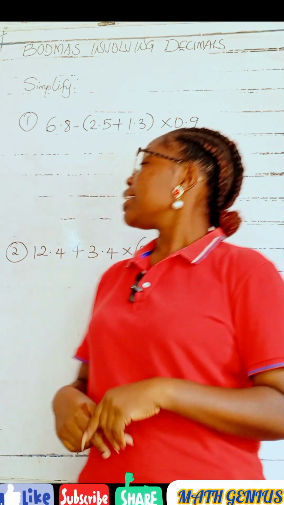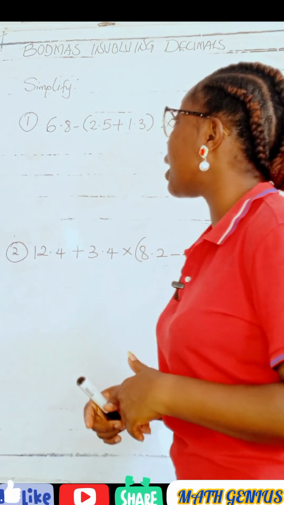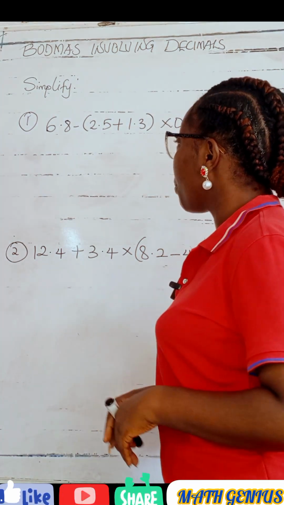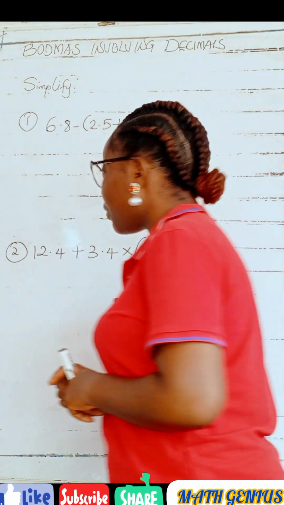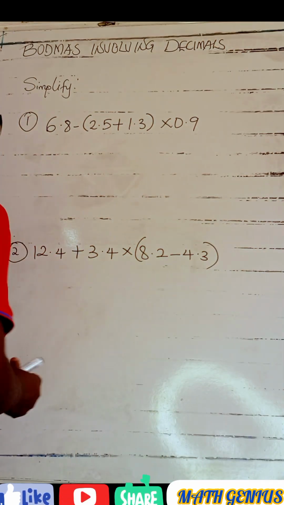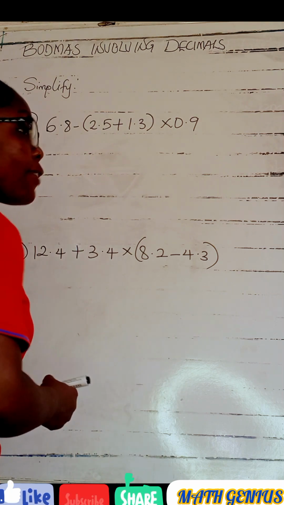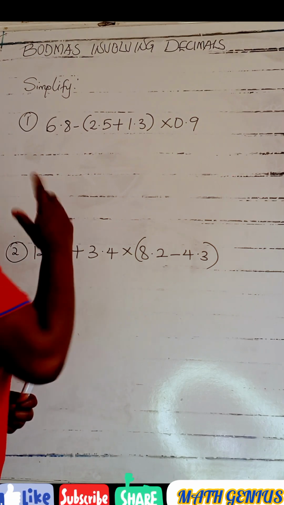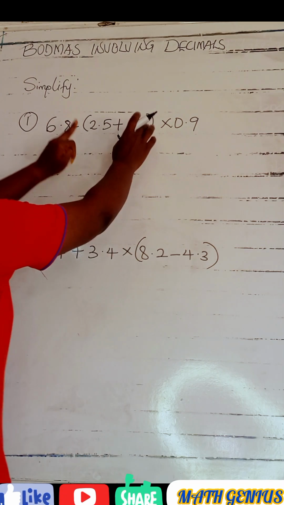So let's dig in. Now we have some examples on the board, and these numbers on the board are decimal numbers. We have 6.8 minus open bracket 2.5 plus 1.3 close bracket times 0.9. The first order as regards BODMAS is bracket. It means we are going to focus on the bracket.